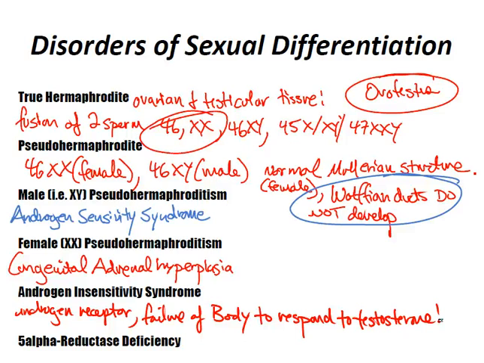Patients are at risk for testicular malignancy because of the high incidence of intra-abdominal testes, so the testes are surgically removed to prevent malignancy. That's androgen insensitivity syndrome. For hormone levels, they're going to have an increased testosterone, an increased LH, and an increased estrogen.